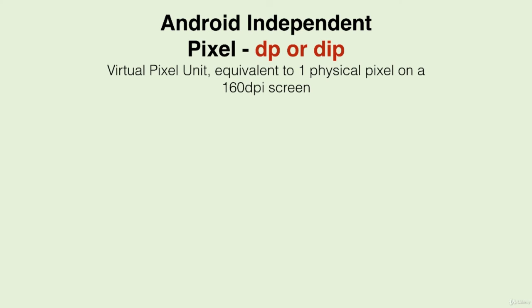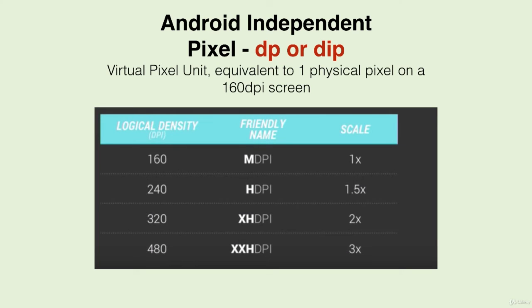A DIP, or Android independent pixel, is equivalent to 1 physical pixel on a 160 DPI screen. So the base is the 160 logical density. That's the base density, and a DIP is equivalent to 1 physical pixel on a 160 DPI screen, in this case MDPI.